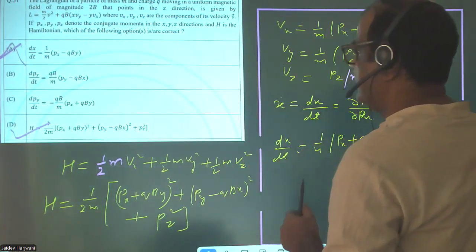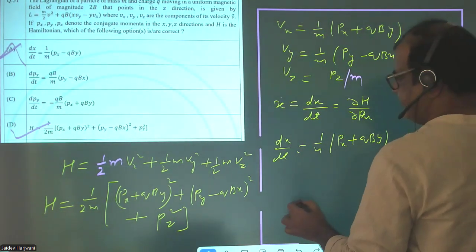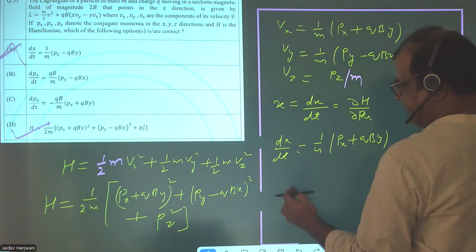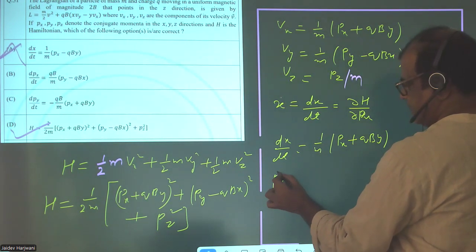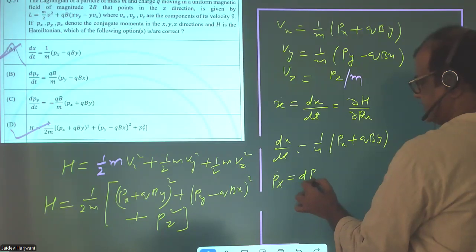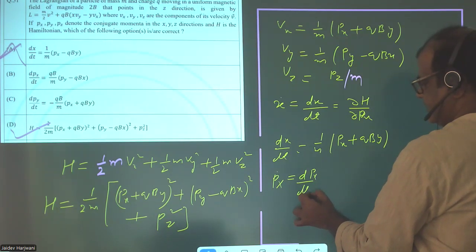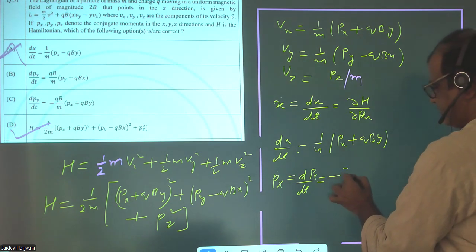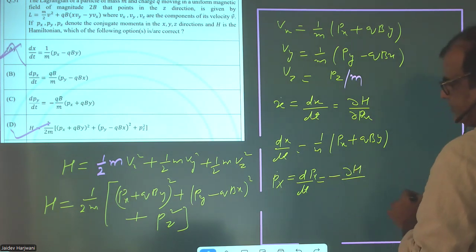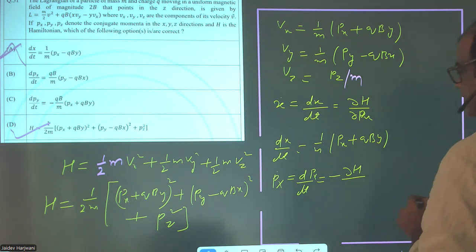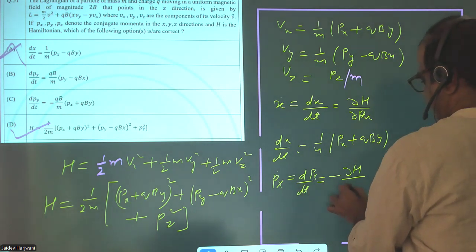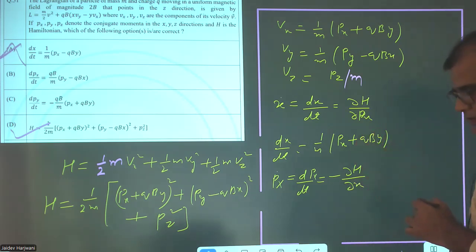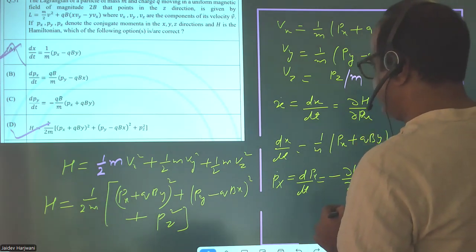Okay, now let us find px dot, which is dpx by dt, and the Hamilton equation says this is equal to minus del H upon del x. So let us solve for this one now.